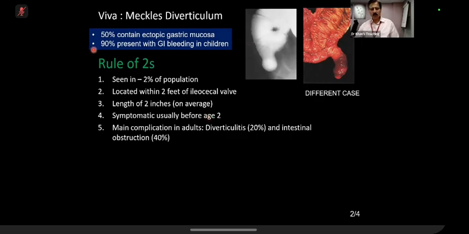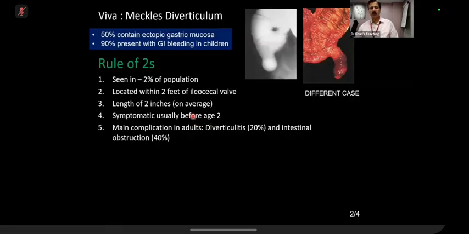And these concepts have come in the exam. Please remember that Meckel's diverticulum, this rule of 2 you must remember. Seen in 2% of population, located 2 feet from the ileocecal junction, length of 2 inches on average, symptomatic usually before age of 2. This is a point to remember.